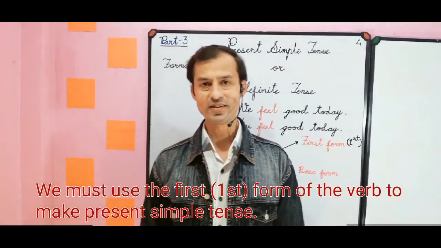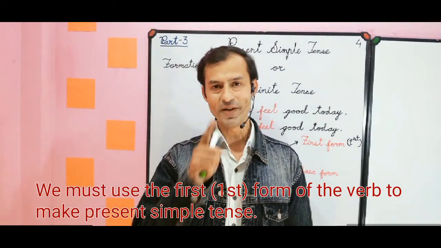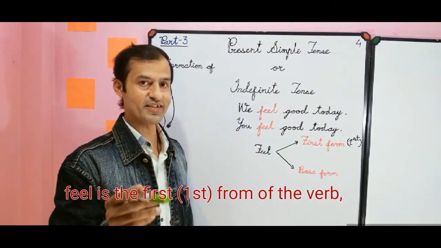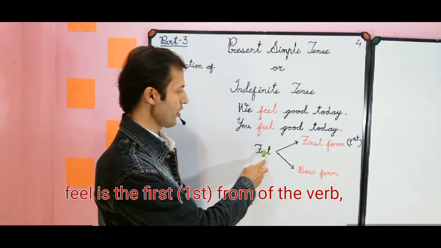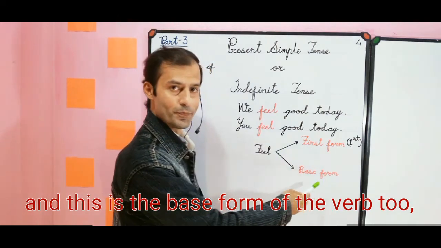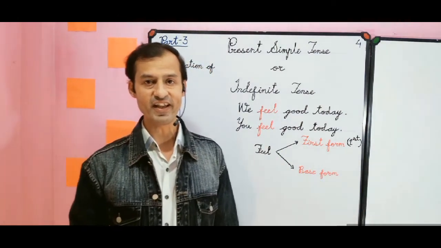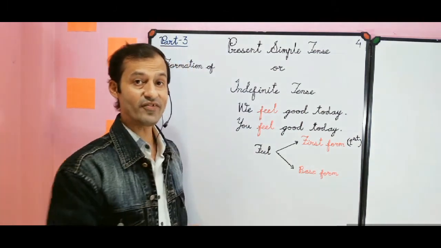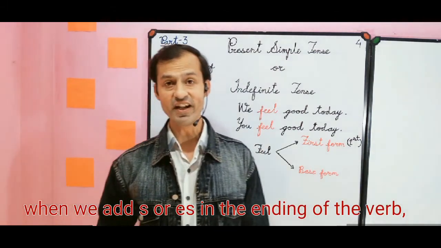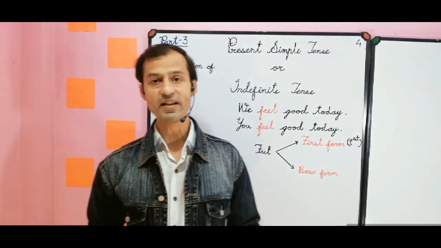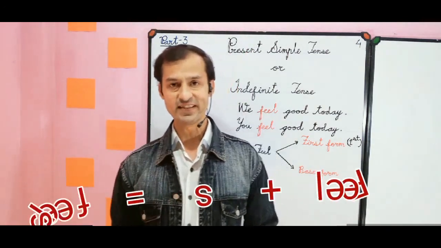We must use the first form of the verb to make present simple tense. And in this sentence, feel is the first form of the verb. And this is the base form of the verb too, because it doesn't contain s or es in the ending of the verb. When we add s to feel, feel plus s becomes feels.